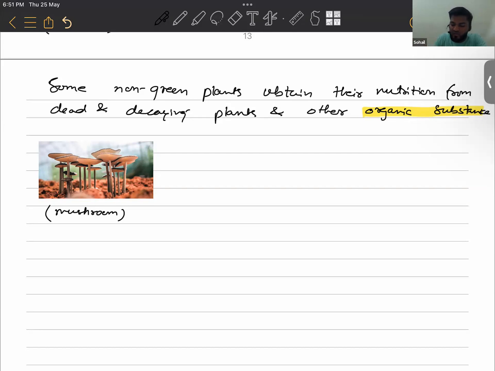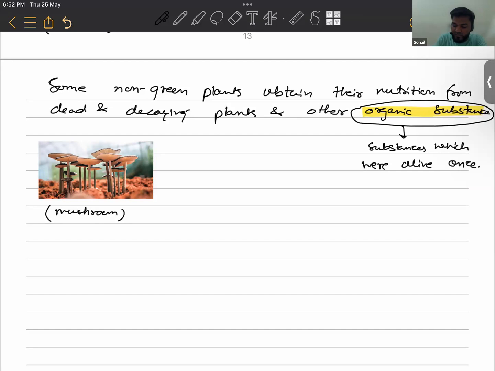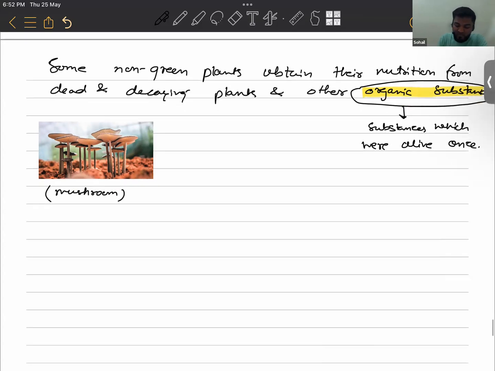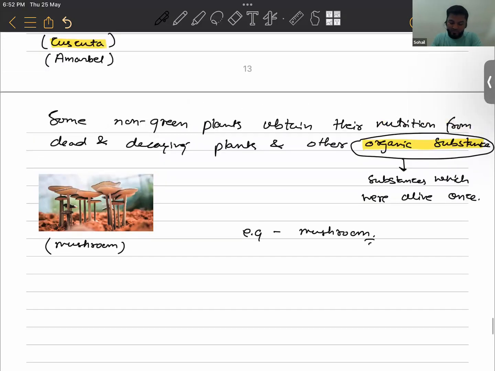So by organic substance we basically mean those substances which were once living. Okay. So some non-green plants obtain their nutrition from dead and decaying plants and other organic substances. One example of it here is the mushroom plant. Okay. I hope there's no confusion so far.